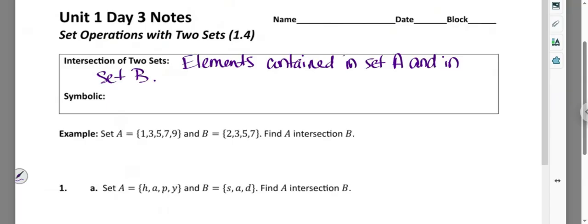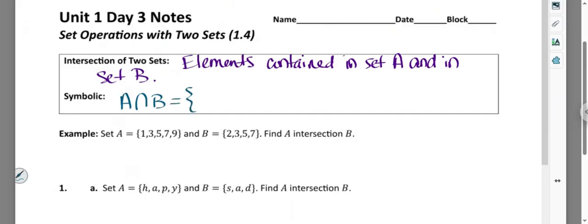All right. So symbolically, A intersects B. It looks like an upside down U. That's the intersection of it.